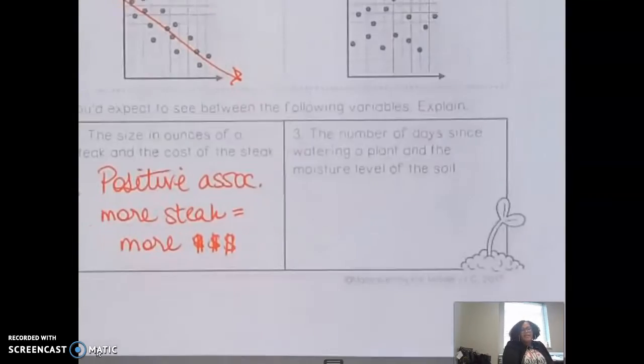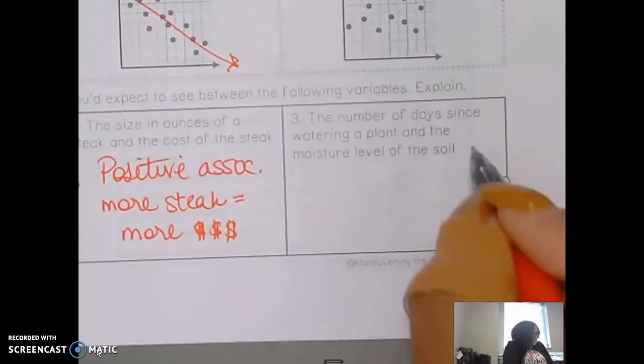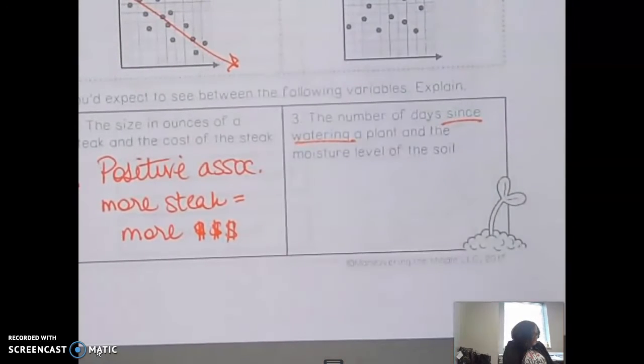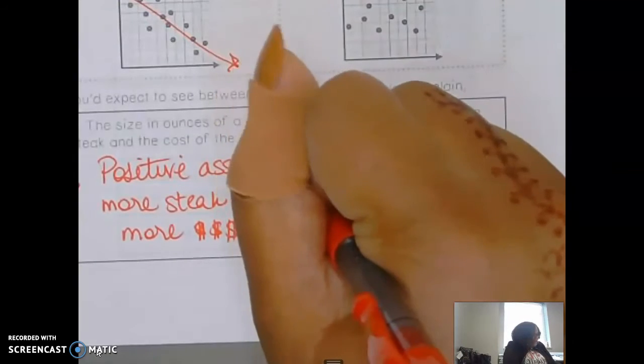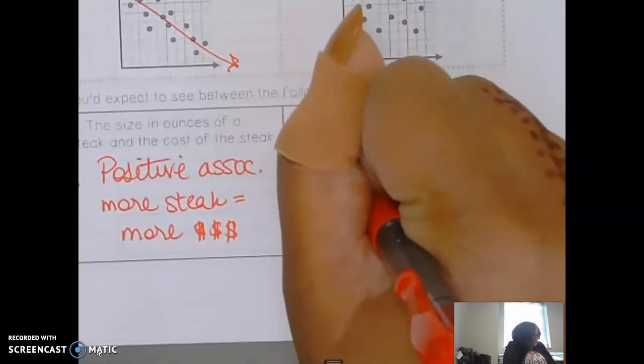Number 3, it says the number of days since watering a plant and the moisture level of the soil. This is a negative association.